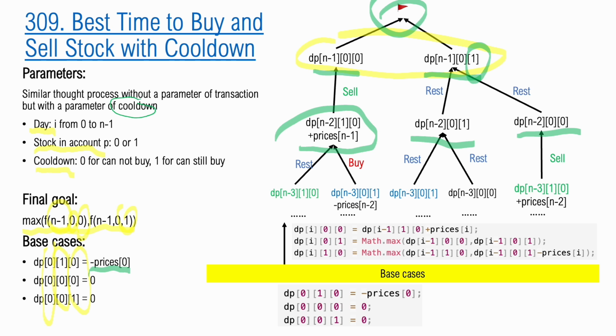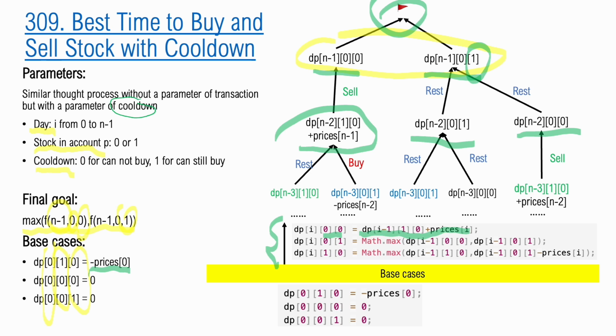If we keep going to the lower levels of the recurrence tree, we can actually find this recurrence relation, which will also be the transition function. For 0, 0, it comes from you selling the stock on this day, and then it will be based on the optimal solution of having 1 stock on the previous day.